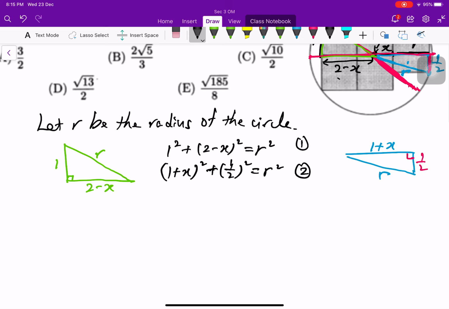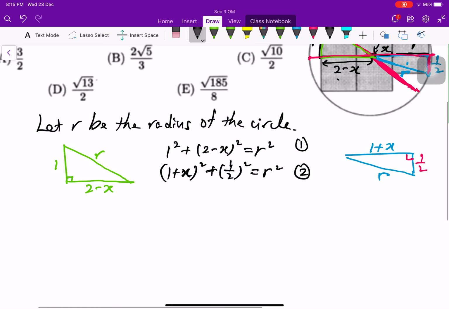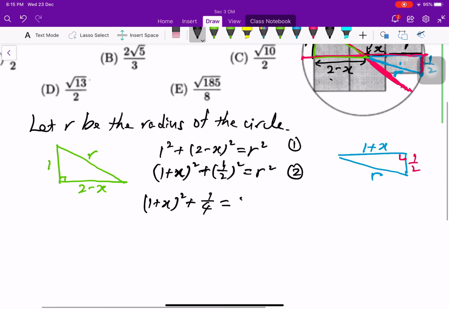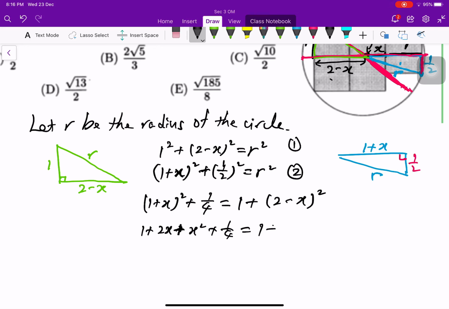I can solve for x. That means my job is to solve for x. Therefore I will get (1 plus x) squared plus 1 quarter is equal to 1 plus (2 minus x) squared. This is 1 plus 2x plus x squared, plus 1 quarter, and this is 1 plus 4 minus 4x, plus x squared. The x squared cancels out, and it becomes a linear equation.